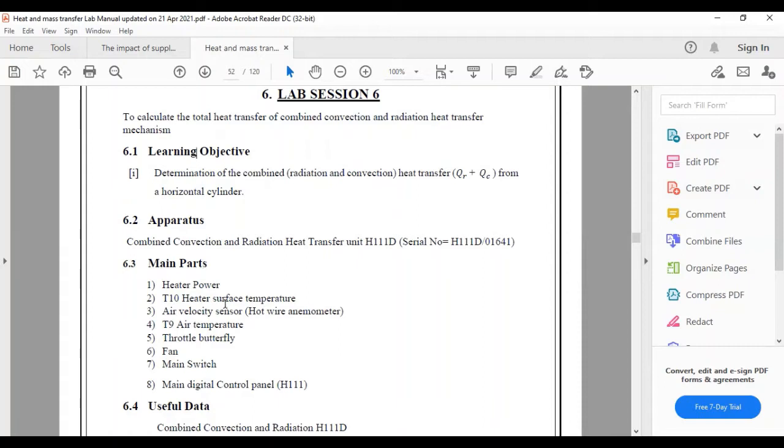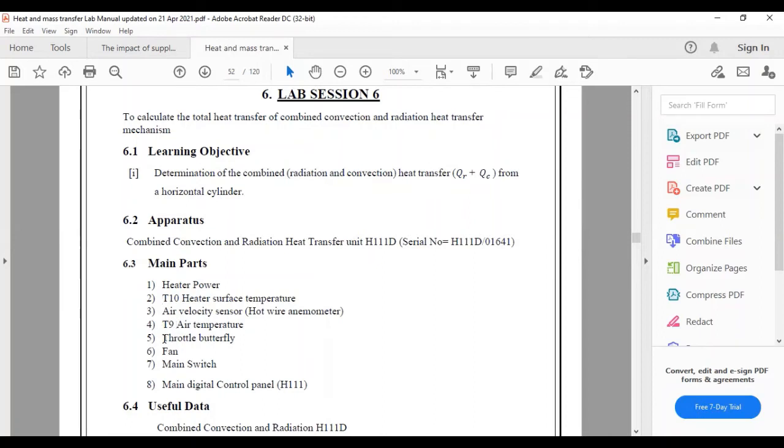The main parts we will use here are the heater power, and the heater, whose temperature we will measure through a thermocouple sensor denoted by T10. Then we will use an air velocity sensor, which will measure the speed of air, and we will also measure the temperature of that air, represented by T9.